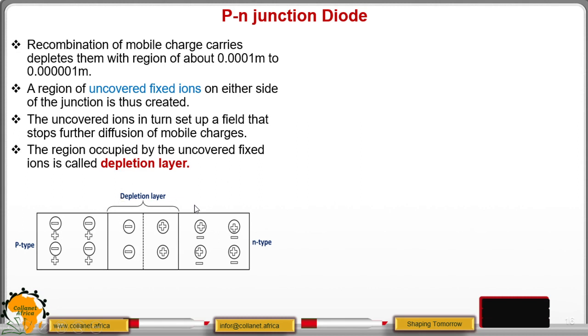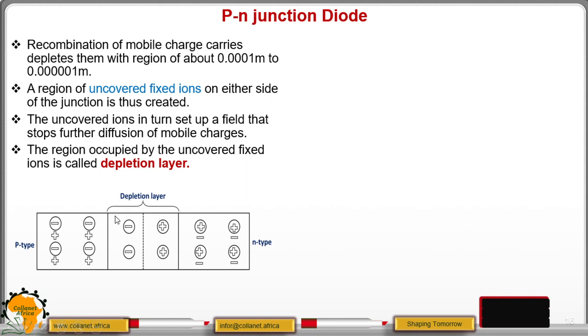This fixed ion creates a potential barrier that prevents any other flow or recombination of mobile charges. By so doing, it creates a depletion layer of about 1 times 10 to the power negative 6 meters. This is a depletion layer.